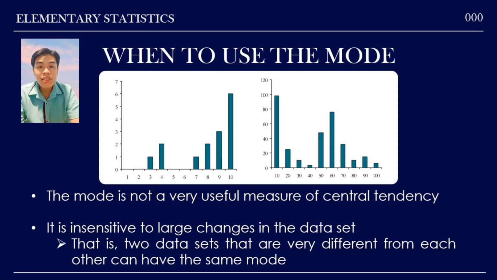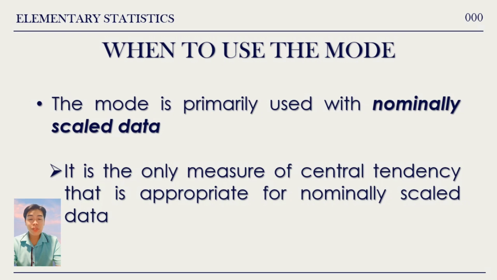That is, when we have 2 datasets that are very different from each other, we can have the same mode. Let us say we compare the grades of students in mathematics with the dataset of grades of students in science. So we can have the same mode despite having different datasets. The mode is primarily used with nominally scaled data. It is the only measure of central tendency that is appropriate for nominally scaled data.